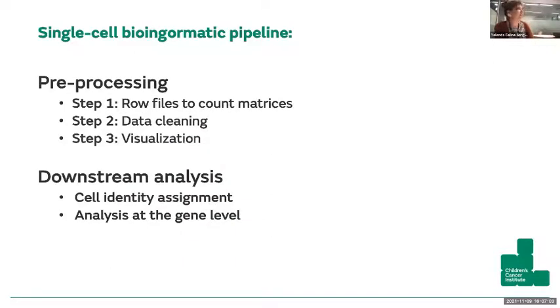What I'm going to address in the talk are basically all of the steps that you require between the FASTQ file being generated by the sequencer until you have some sort of output that you can understand and that has some biological meaning.